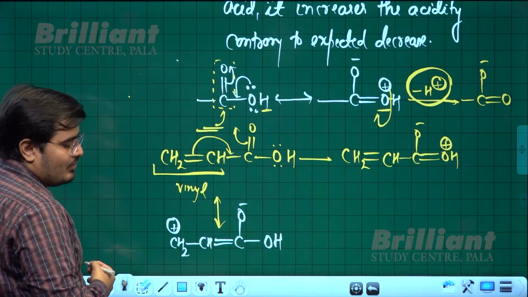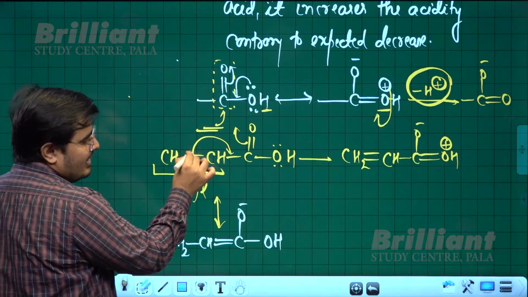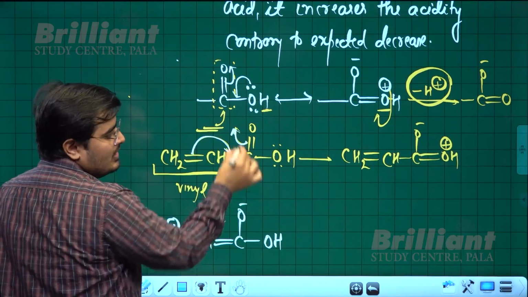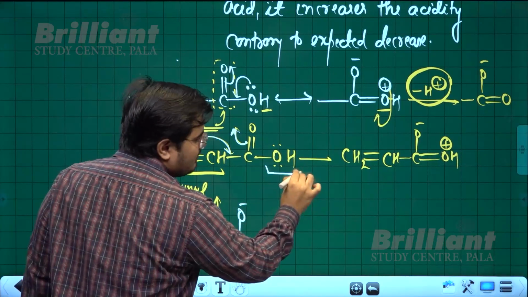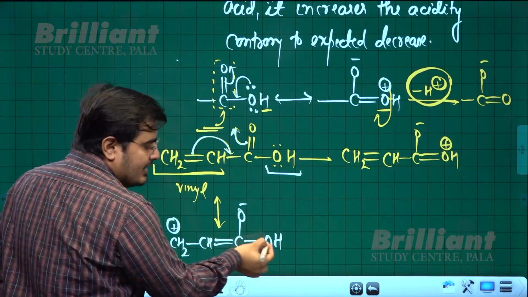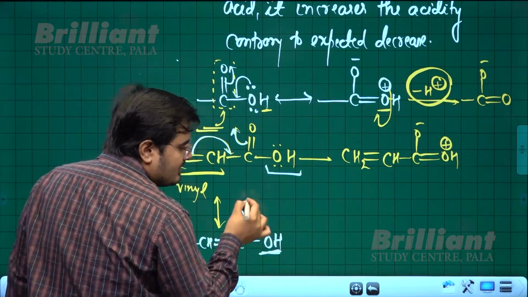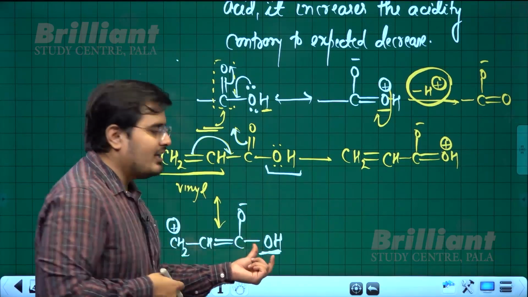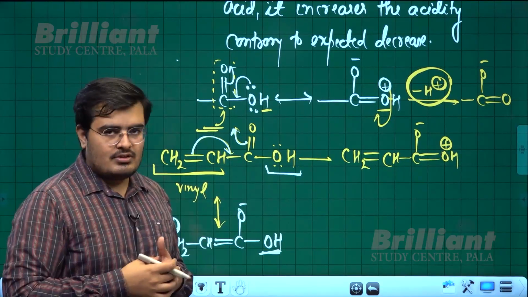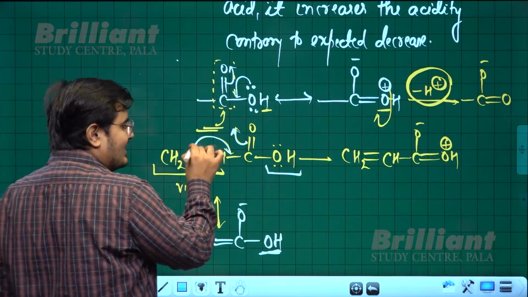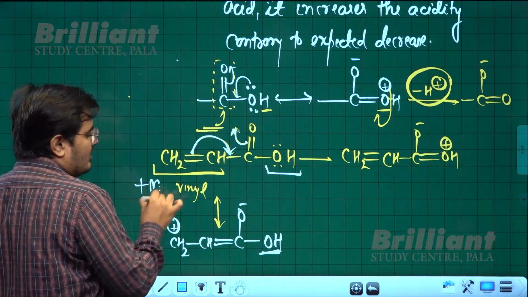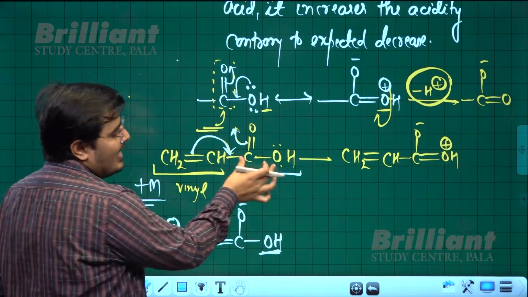Now in this case you can see, as this double bond is sending electrons to this carbonyl group, this carbonyl no longer is pulling electrons from this oxygen. And if carbonyl does not pull electrons from this oxygen, no electron deficiency will be created here, and then the OH bond will not cleave.